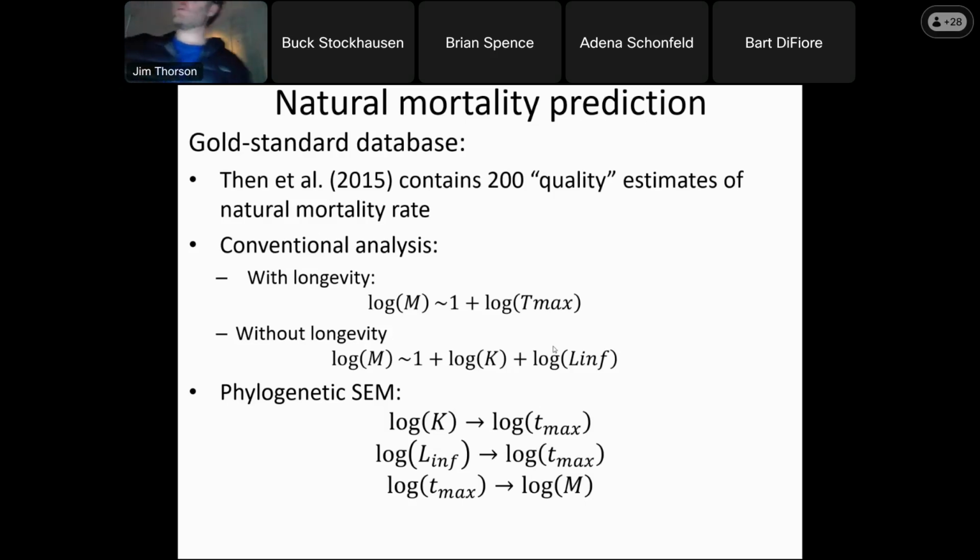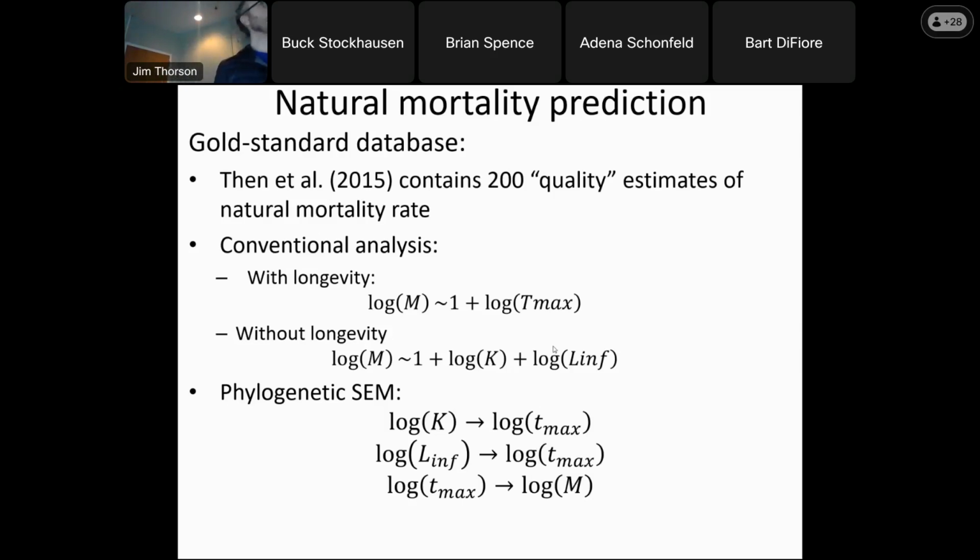But my claim is instead, I can make this phylogenetic SEM that captures both of those models. So here I'm saying that growth parameters cause or explain longevity, and then longevity explains mortality. And I don't think that's actually the evolutionary trade-off.